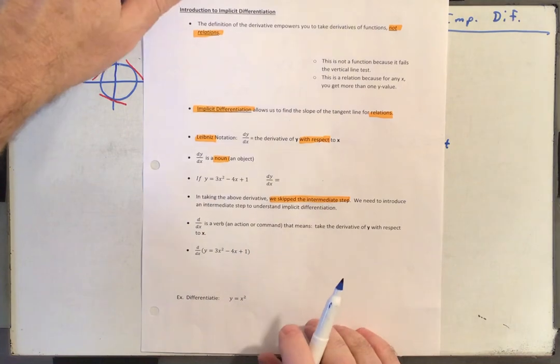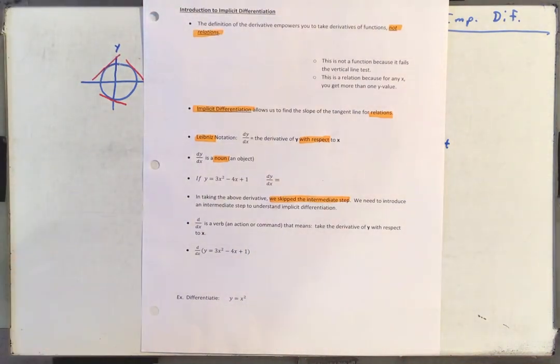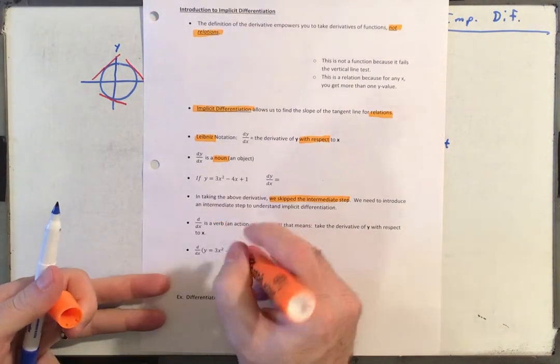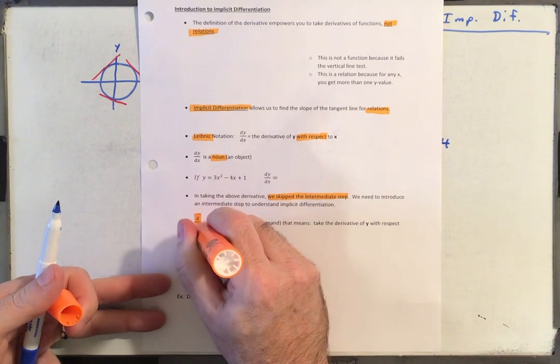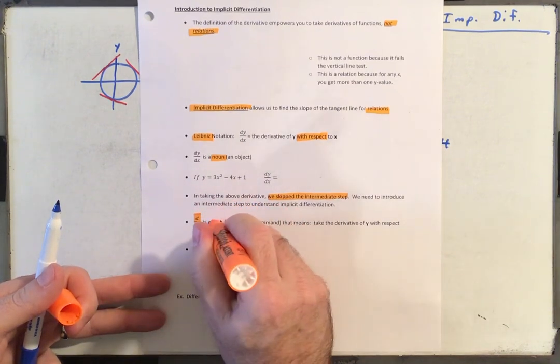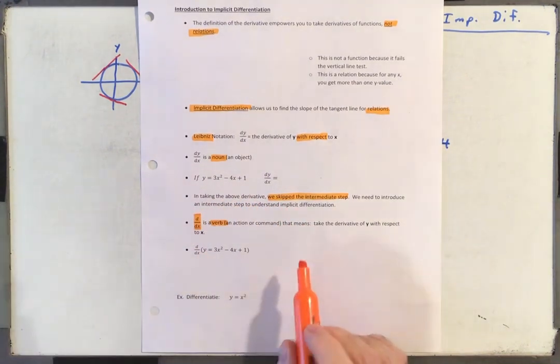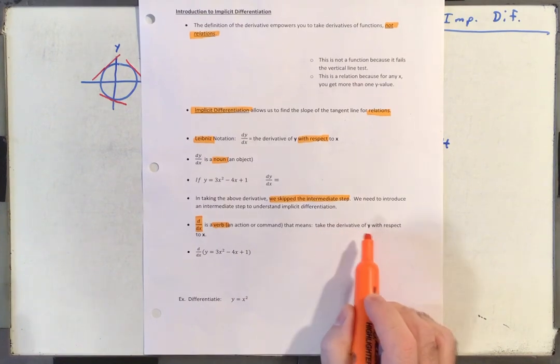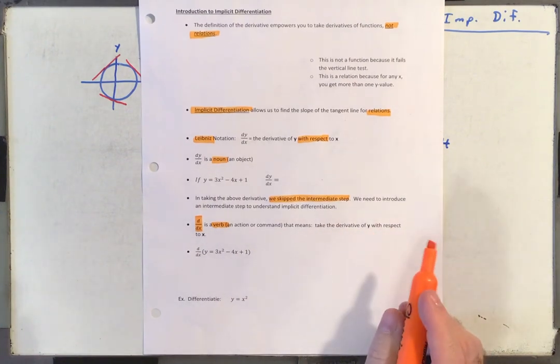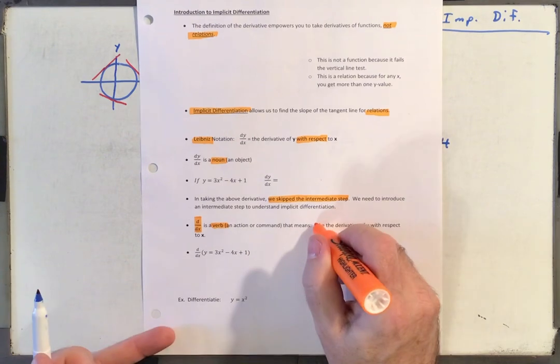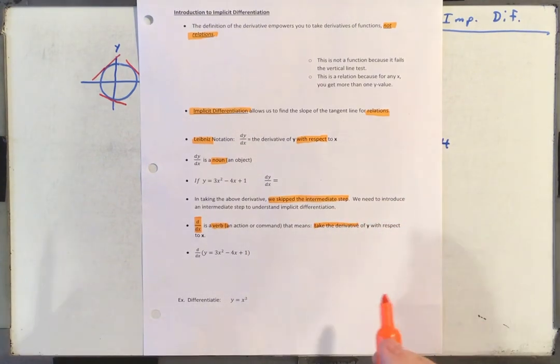So d dx, before I move this aside, d dx is a verb. And it means take the derivative with respect to x.